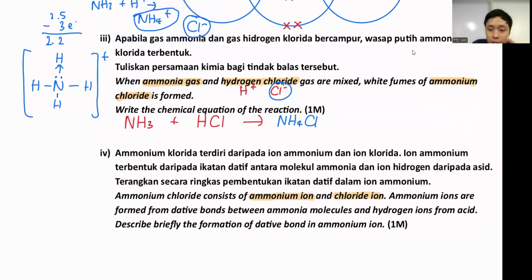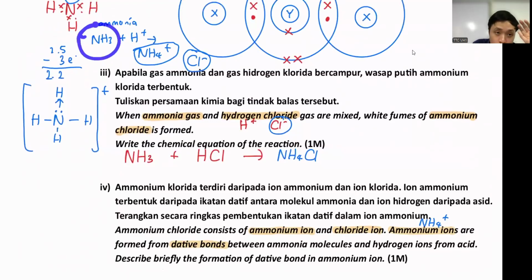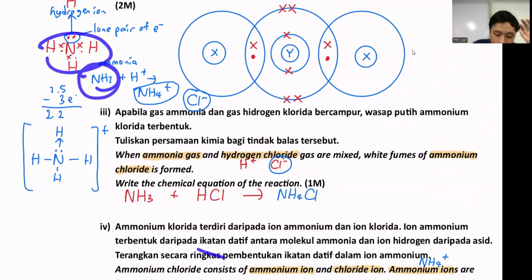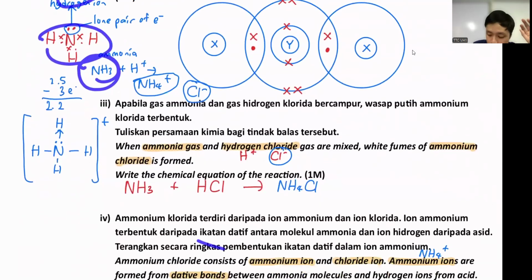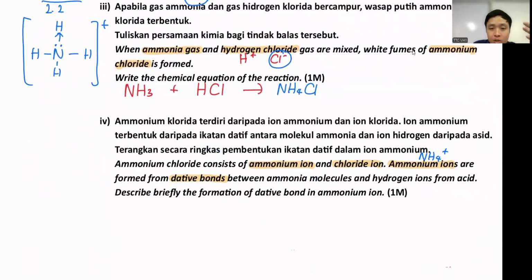So they literally told you here, ammonium ion is formed from dative bond, the NH4 plus, formed from the ammonia NH3 and hydrogen ion. Just now I told you the story, right? So they told you between ammonia NH3 and hydrogen ion from acid, describe briefly the formation. So how do you form the dative bond?